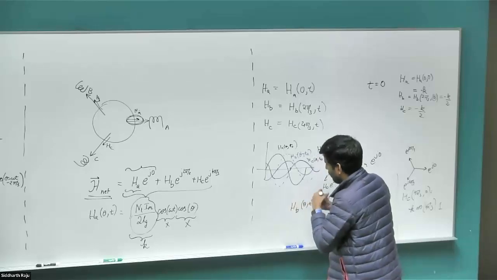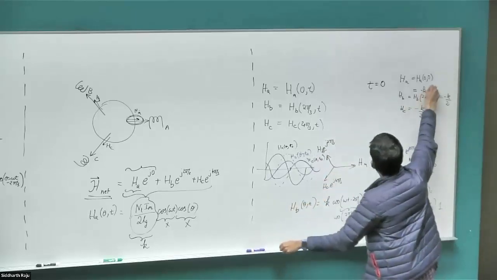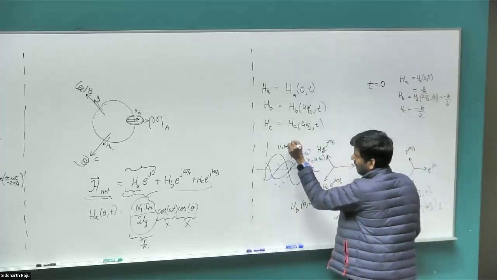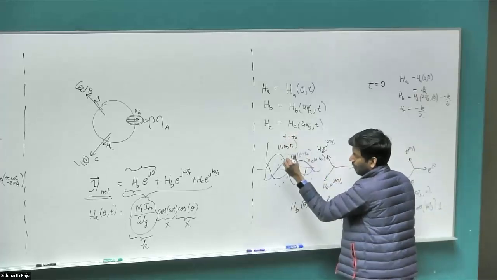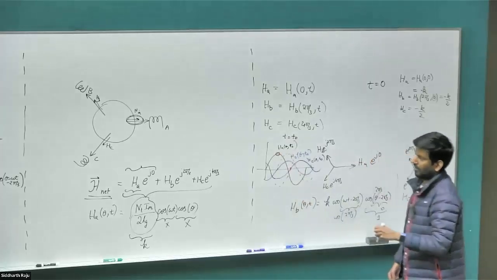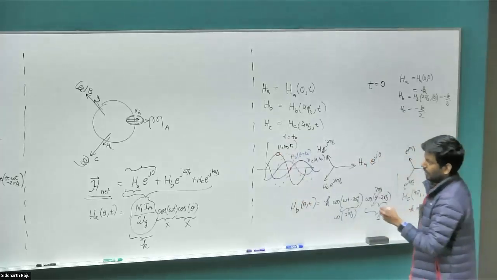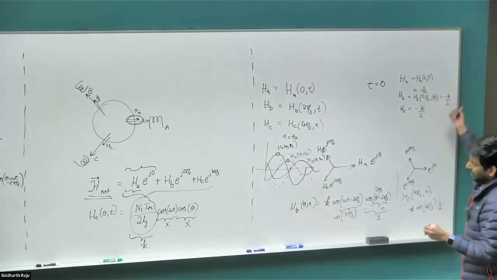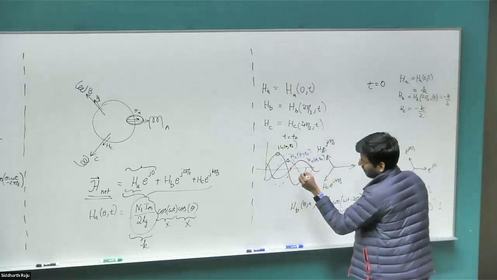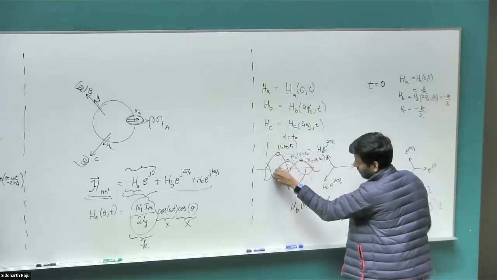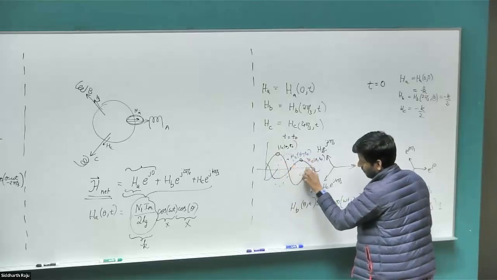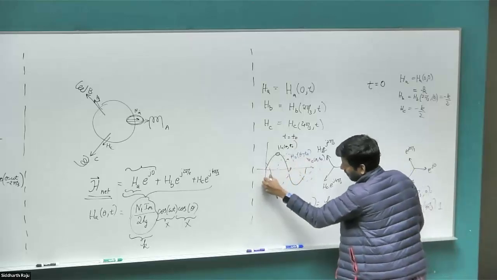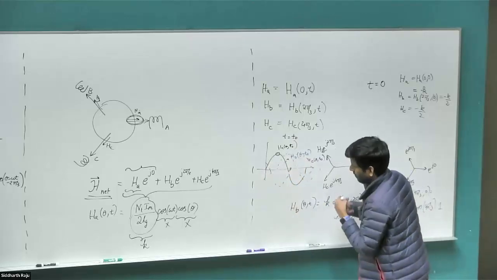So what I have drawn here, what I have computed here, is basically at any given time, t equal to t naught, what the maximum H along the A phase axis is, what the maximum H along the B phase axis is, that is negative k divided by 2, and what the maximum H along the C phase is. I should have drawn this the other way around. You plug it in the equation, you will get it in the reverse direction.